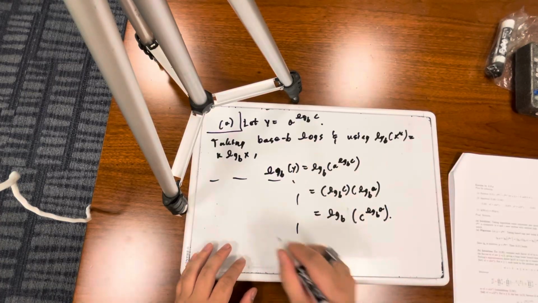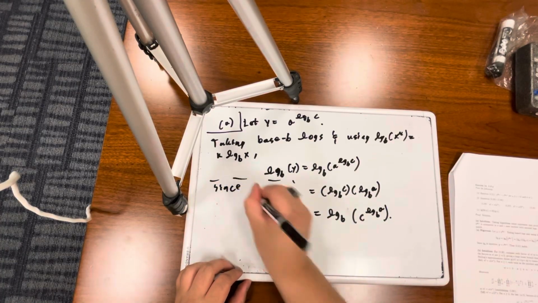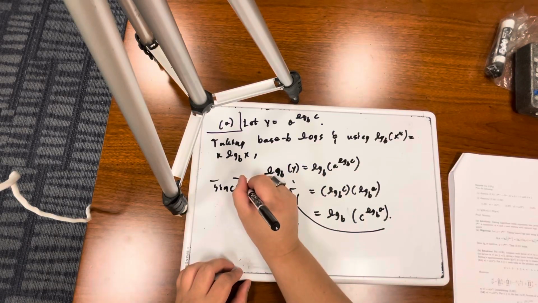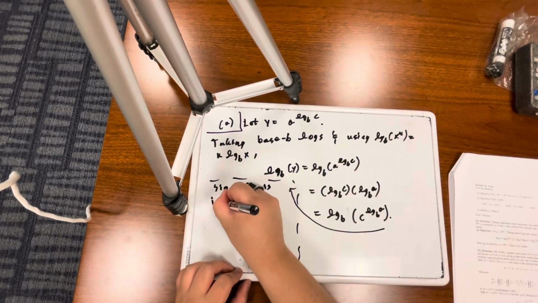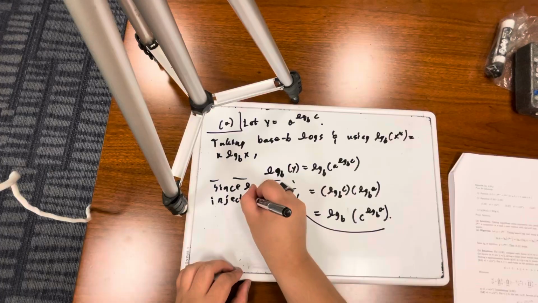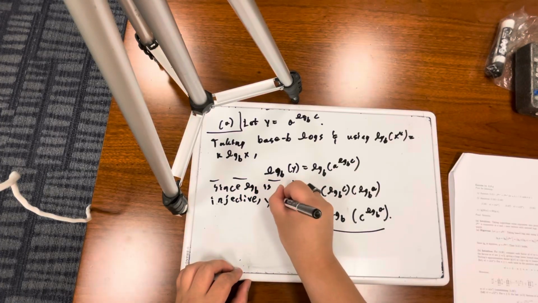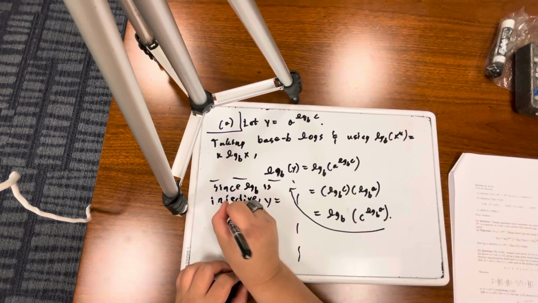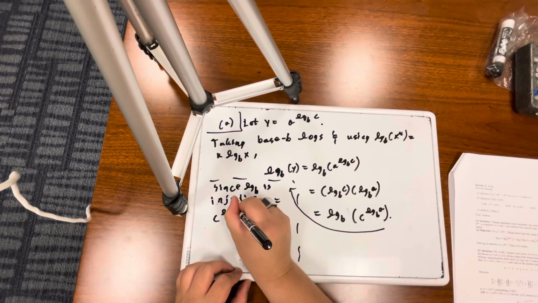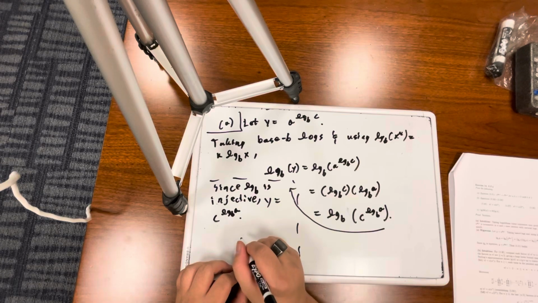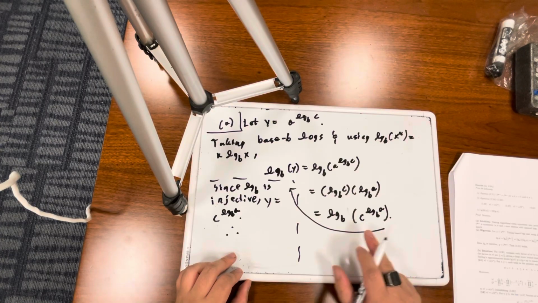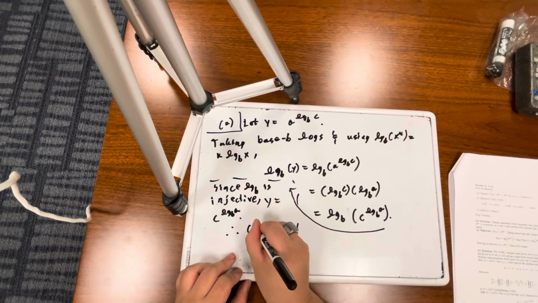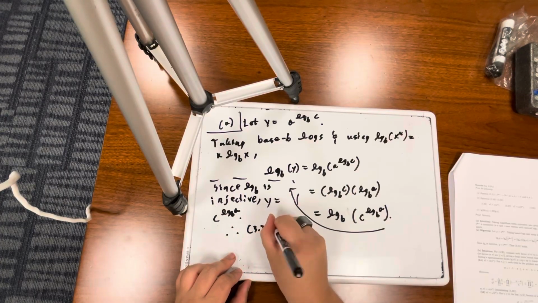Now, since log base b is injective, we can say y is equal to c to the log base b of a. Therefore, 3.21 holds, right?